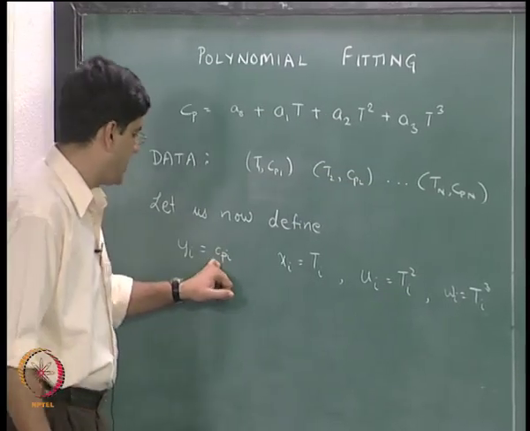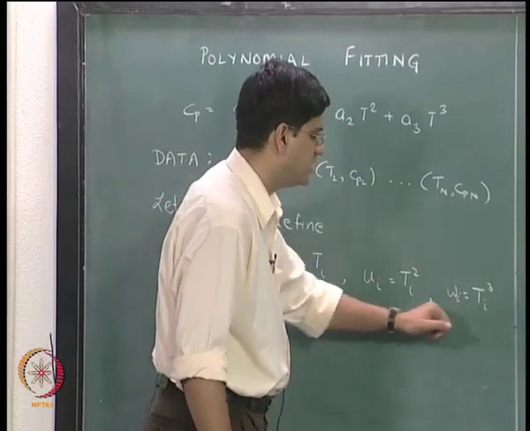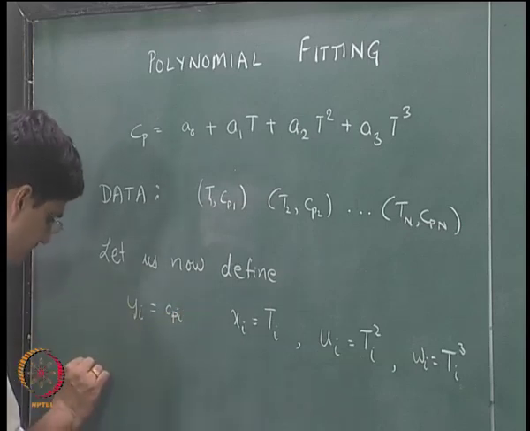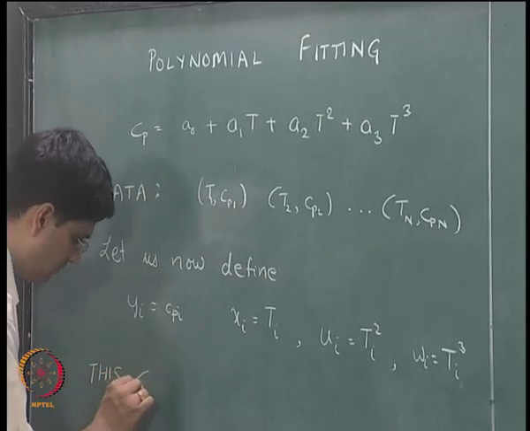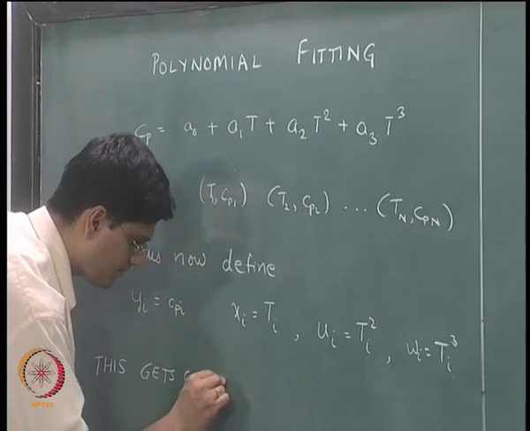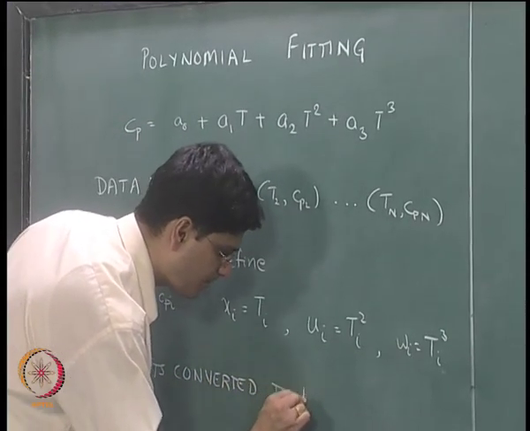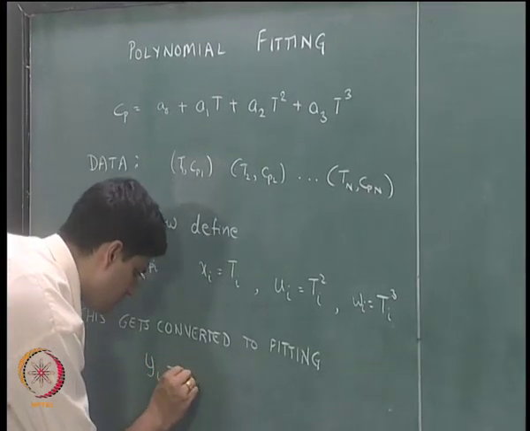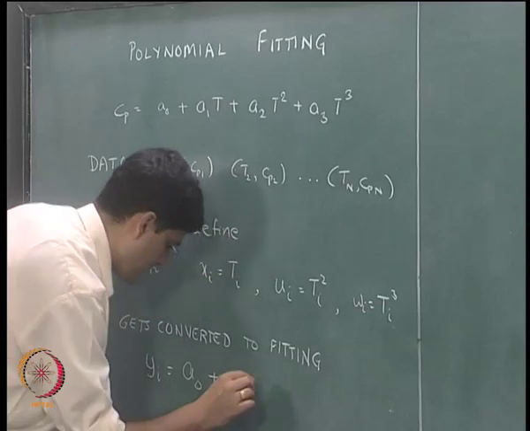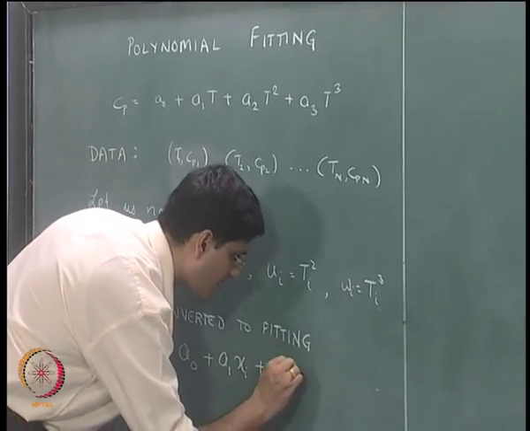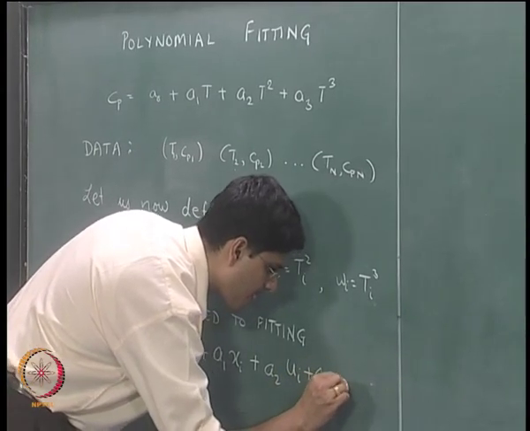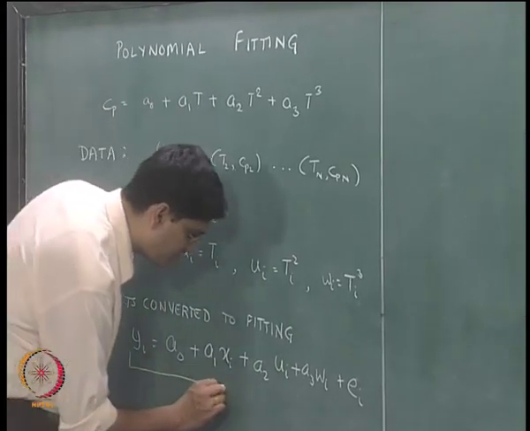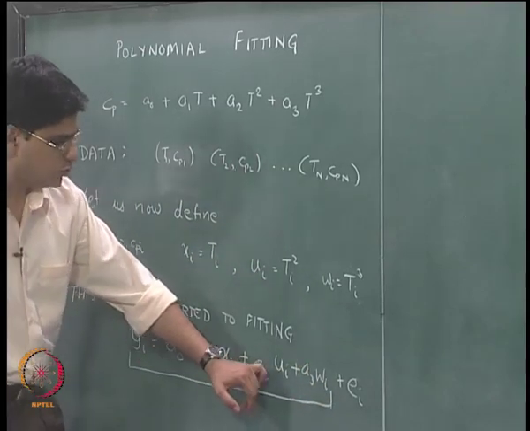Okay, so with this definition, yi as Cpi, xi as Ti, ui as Ti squared and wi as Ti cubed, what we can say is that the overall equation that we now want to fit amounts to fitting the functional form a0 plus a1x plus a2u plus a3w.